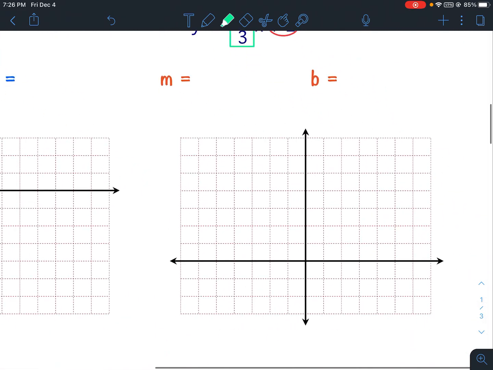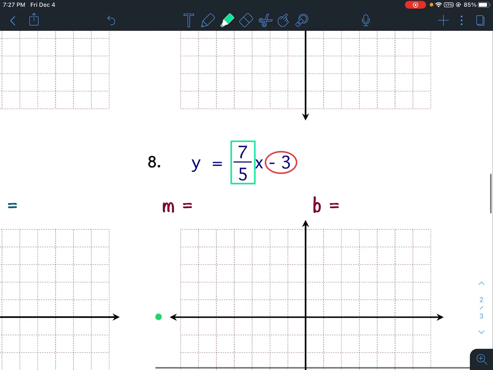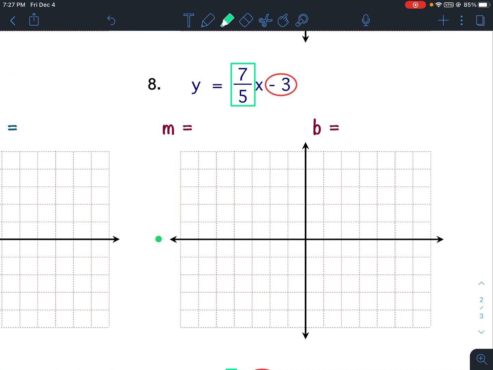Okay, let's go to number 8. For number 8, y equals 7/5 x minus 3. 7/5 is my coefficient of x, and that is your slope. My y-intercept is the number at the end, that's -3.